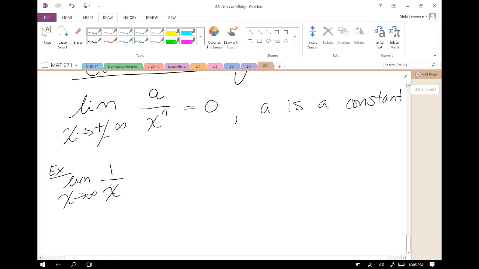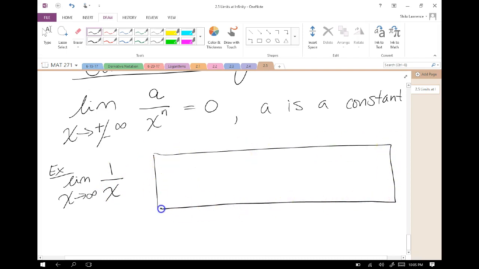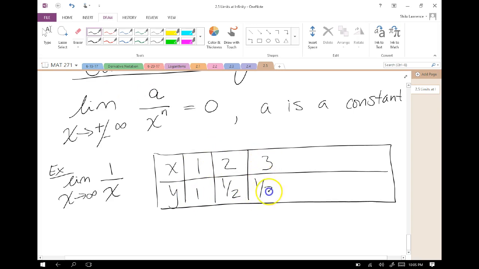So 1 over 1 is 1. And I'm just picking some random values that get bigger. 1 over 2 is a half. 1 over 3 is a third. 1 over 4 is a quarter.